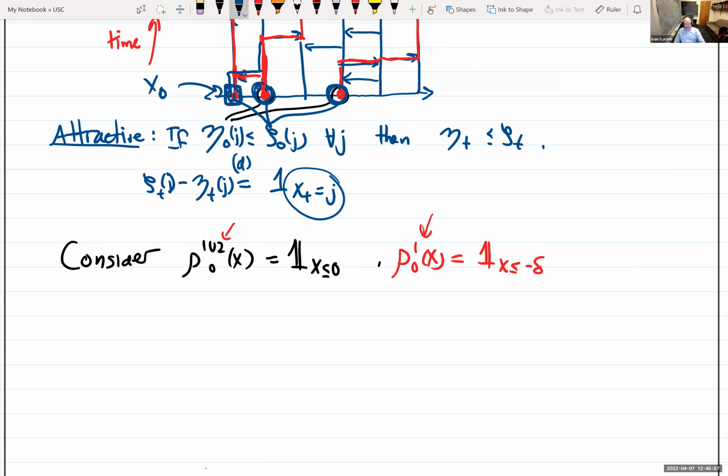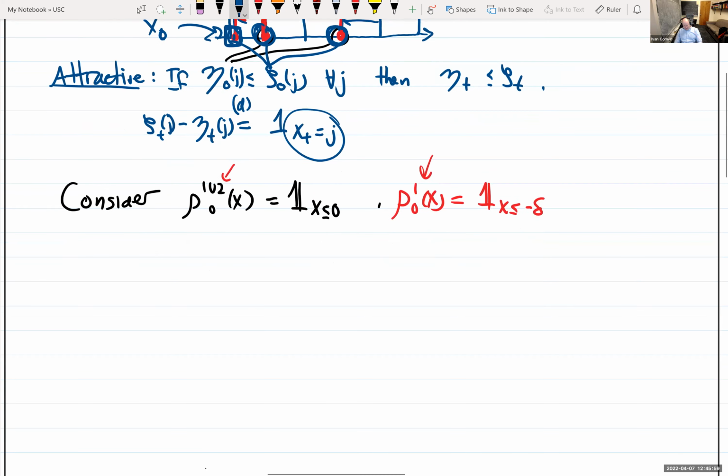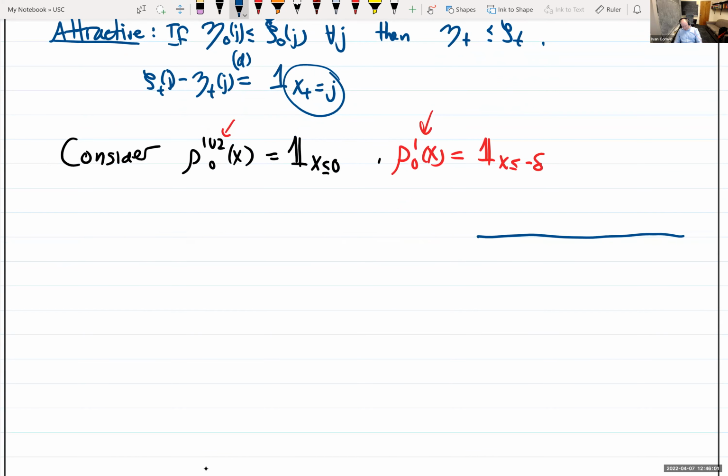So what you should really have in mind microscopically is that I have my particle system, and in one case I start, maybe from position minus delta over epsilon, with first-class particles, and then from position 0, I start with a bunch of second-class particles.